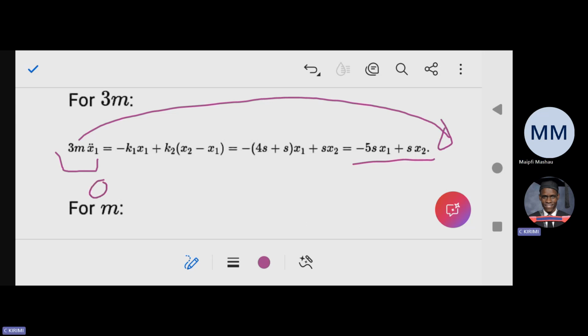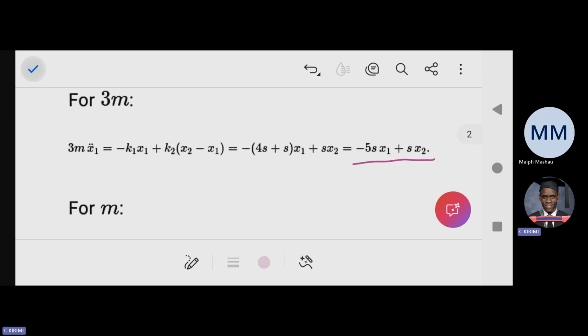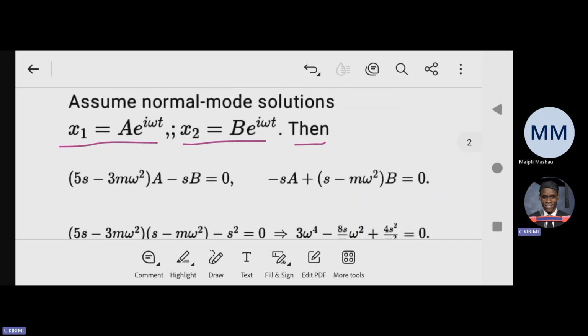So if I equate to 0, I will have minus 5s x1 plus s x2 minus 3m multiplied by x1 double dot, and that equals 0, which is the equation I have.